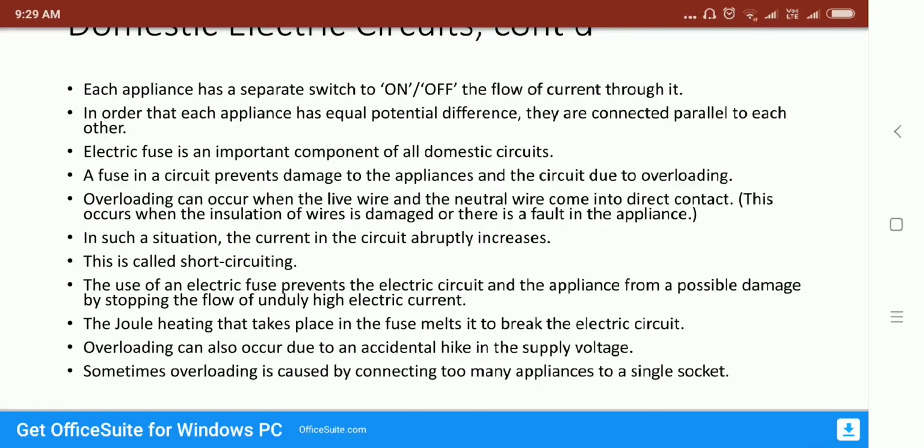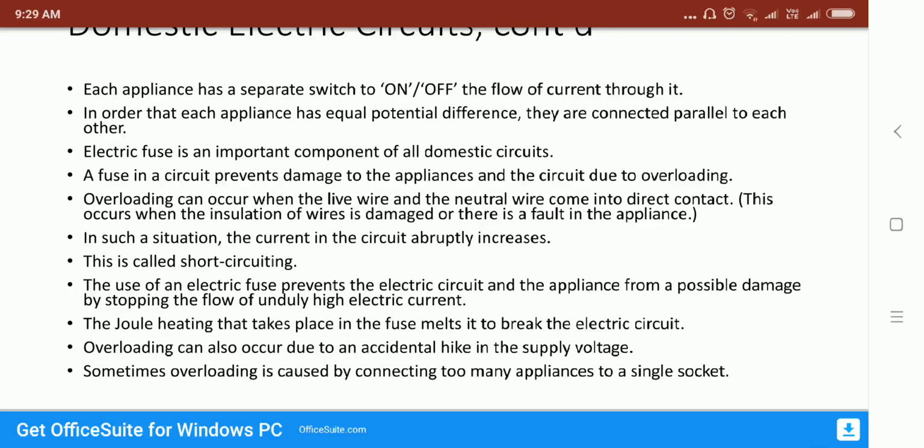In such a situation, if a higher current is passing through due to the short circuit, then the fuse will burn, and whatever current is there won't pass further. The circuit will be open, and in an open circuit, current won't flow.